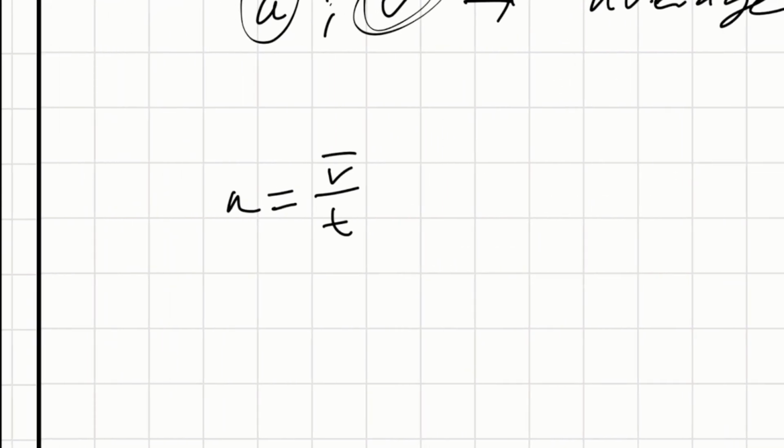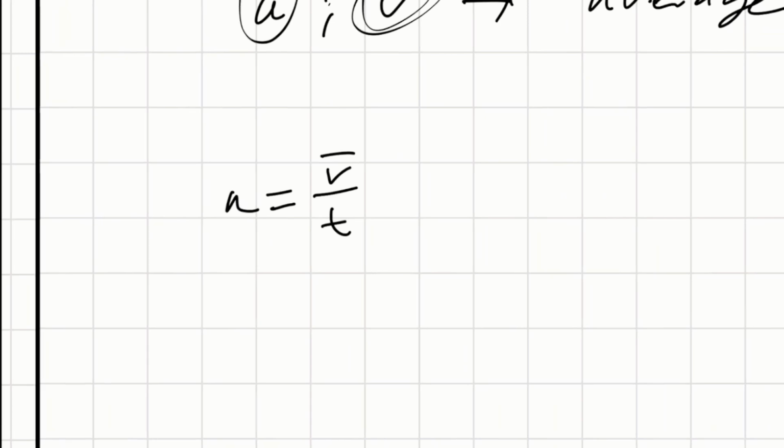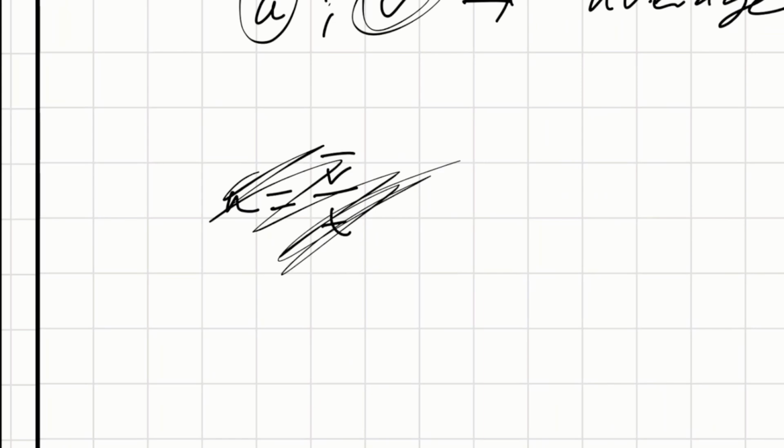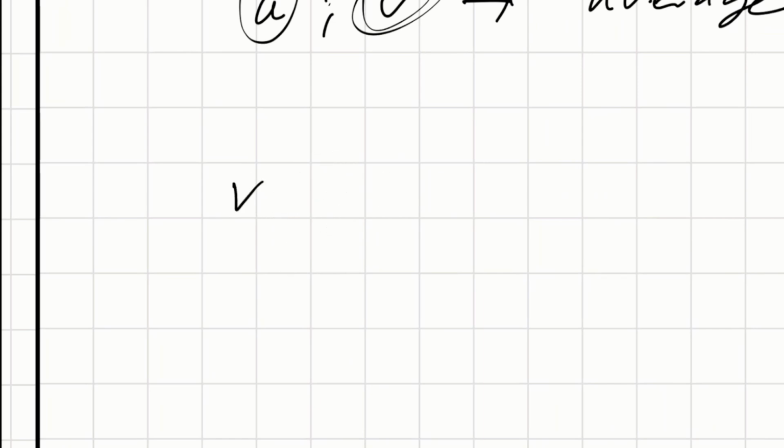So let's try to get a bit of an understanding of how we can do a bit of algebra. So we know the average speed is nothing else than, of course, s and t.